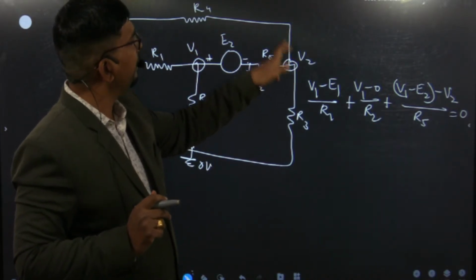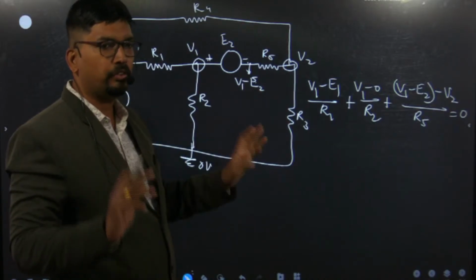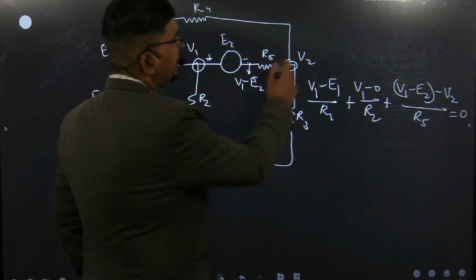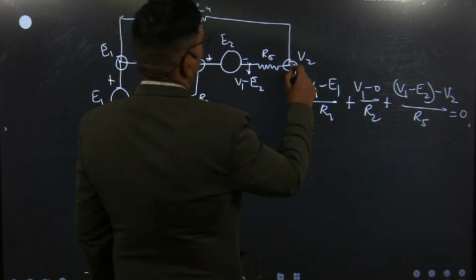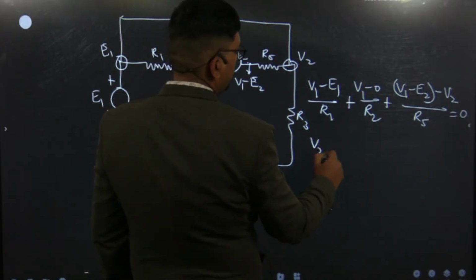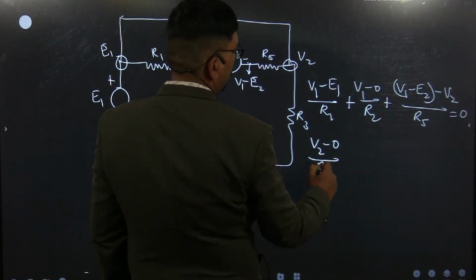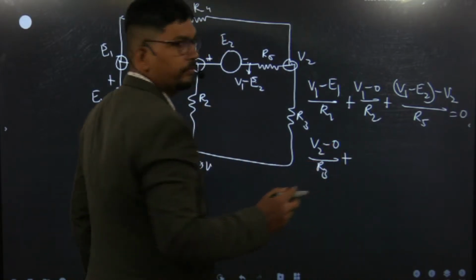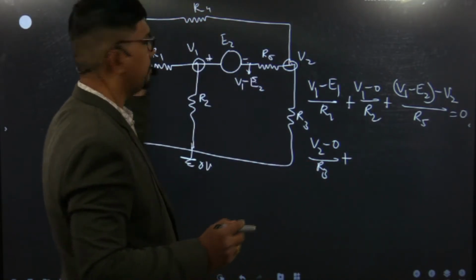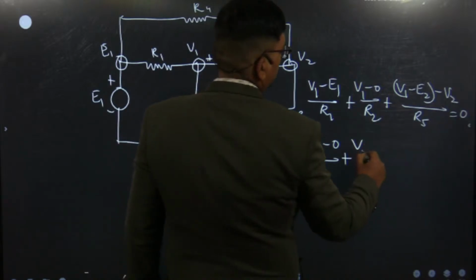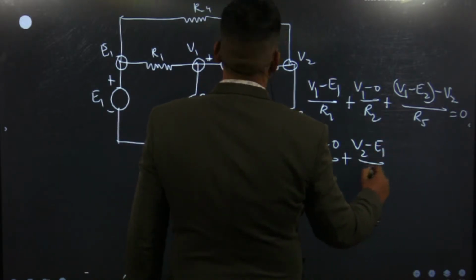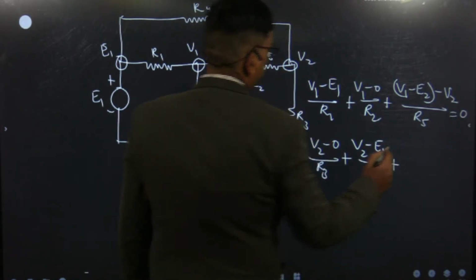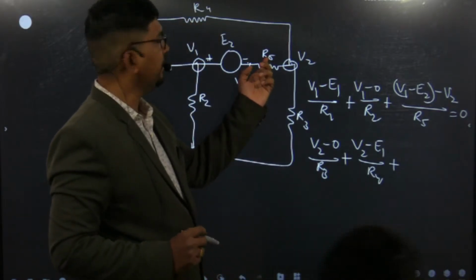How many elements? There are 3 elements, so there will be 3 currents. So what is the current in R3? That is V2 minus 0 upon R3 plus current in R4, V2 minus E1 upon R4 plus, again you have to find the current in R5.